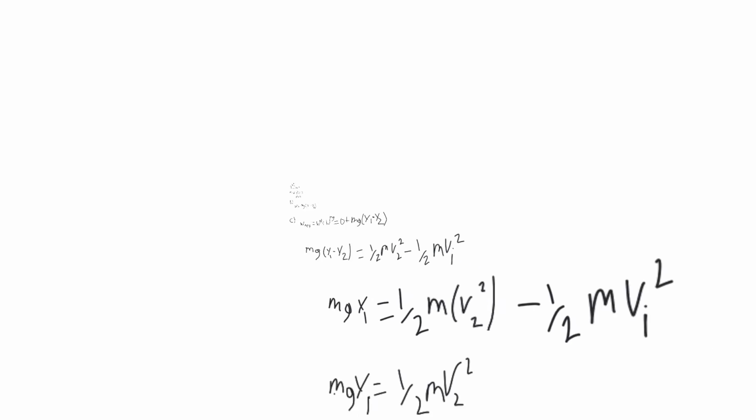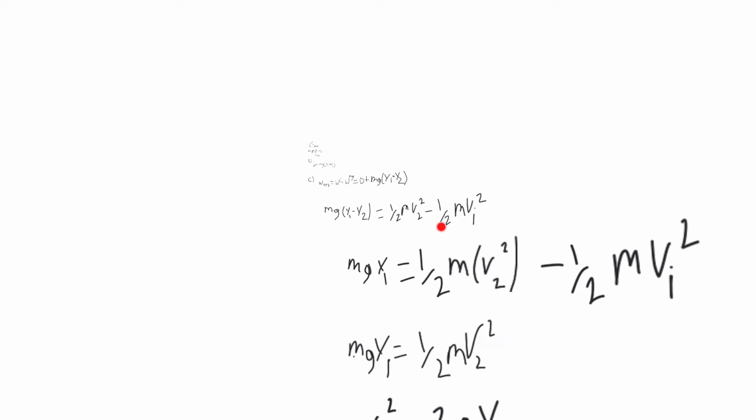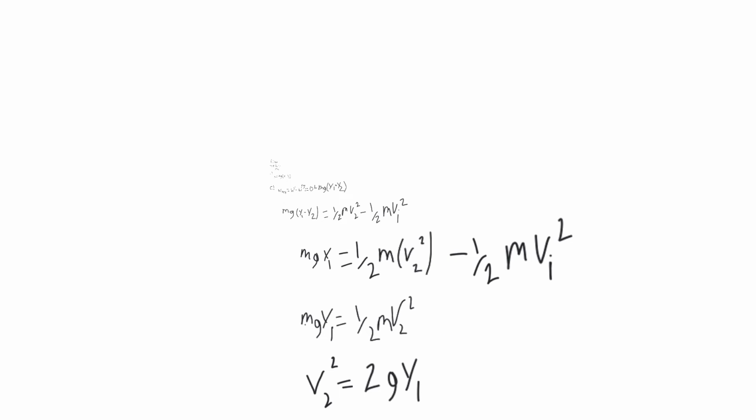Then we know that the work is equal to the change in kinetic energy. So mg (y1 minus y2) is the net work, which is equal to the change in kinetic energy, half of m v final squared minus half of m v initial squared, right?